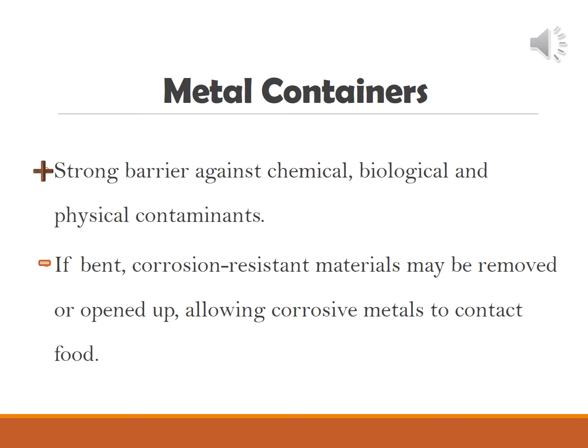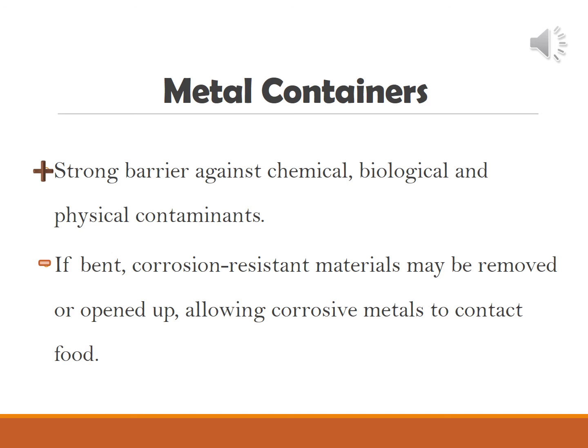However, if metal containers are bent, some of these metal containers use corrosion-resistant materials, and this can cause little cracks in that corrosion-resistant material, which can allow that metal to come into contact with the food.